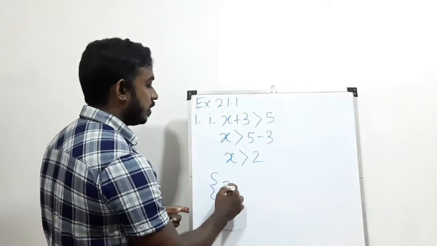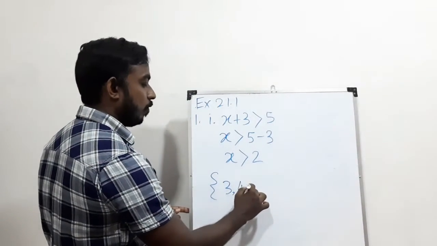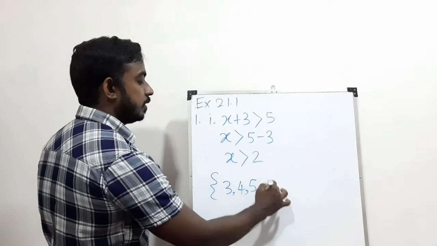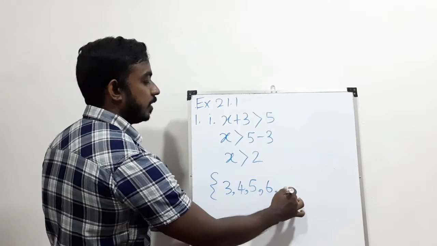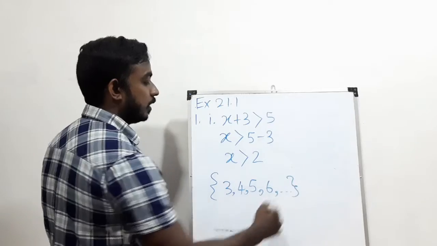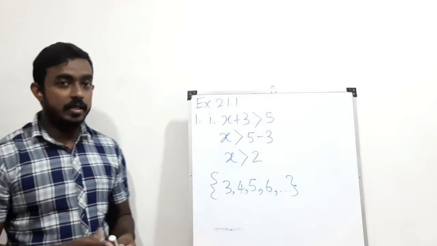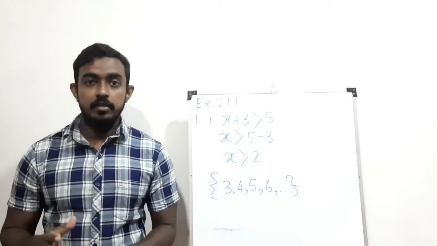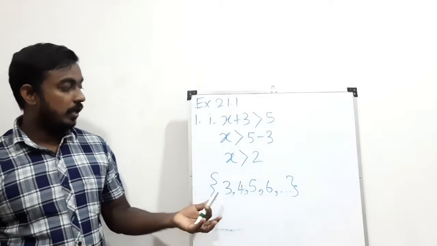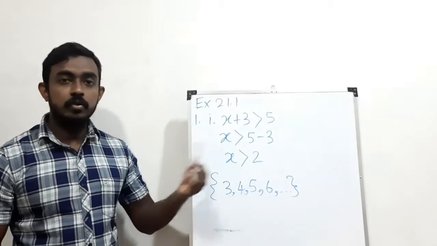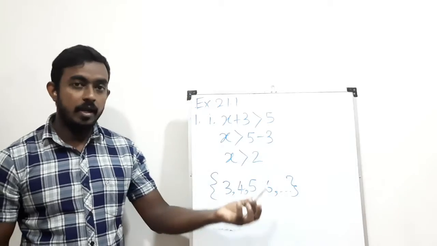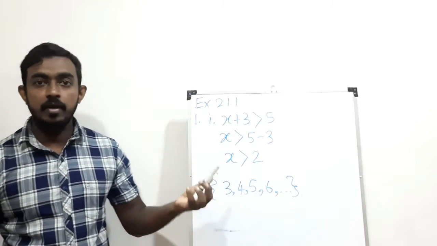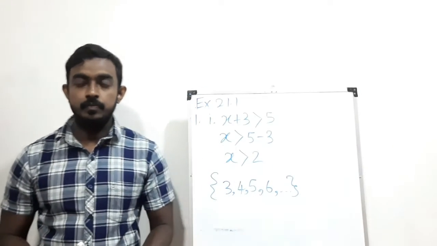So we can write 3, 4, 5, 6. Likewise, we can continue writing these values. So as you can see, writing integral values mean we can write the values according to the inequality. X is greater than 2. So there we should write the values which are greater than 2.